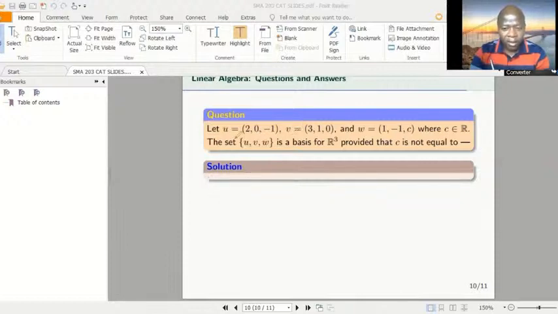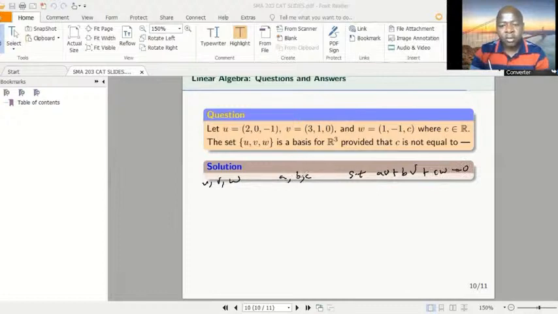And we know the definition of linear independence. We say that 3 vectors u, v, and w are linearly independent if there exist scalars a, b, c, all of them 0, such that the linear combination au plus bv plus cw will give us 0.